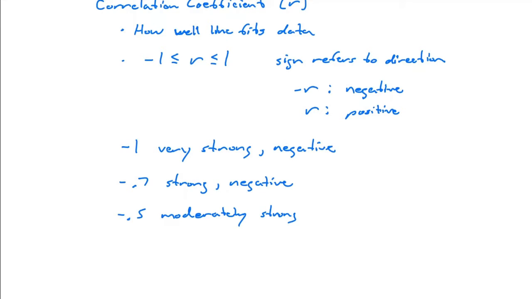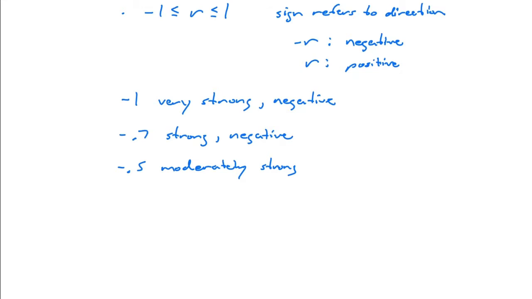Like, what is a -0.43? Is that somewhat strong? Is it fairly strong? You just kind of go with it, okay? But there are some guidelines, right? So that's why I'm doing this, because it kind of helps to get a sense of where things kind of start to tip and change.